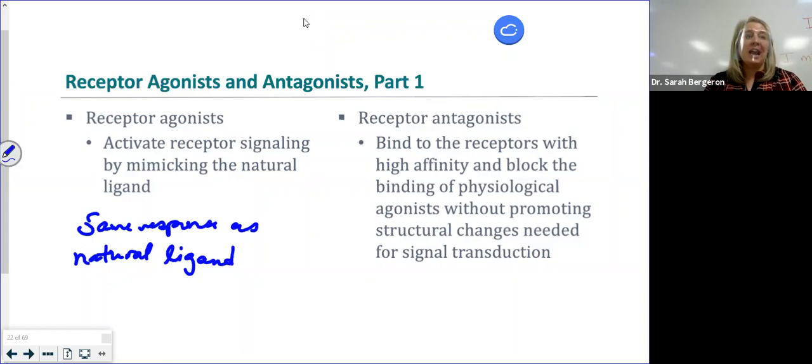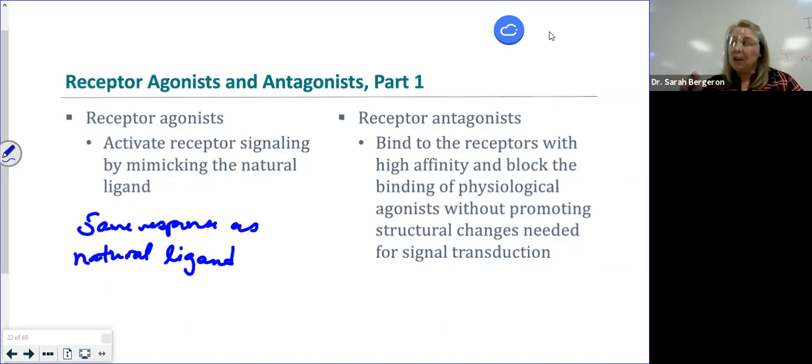Remember, anti is opposite. So a receptor antagonist is going to bind to the receptor, yes, but it is going to block the natural ligand from being able to activate the receptor. This is very similar to the analog. It has super high affinity, but it does not induce a conformational change in the receptor.